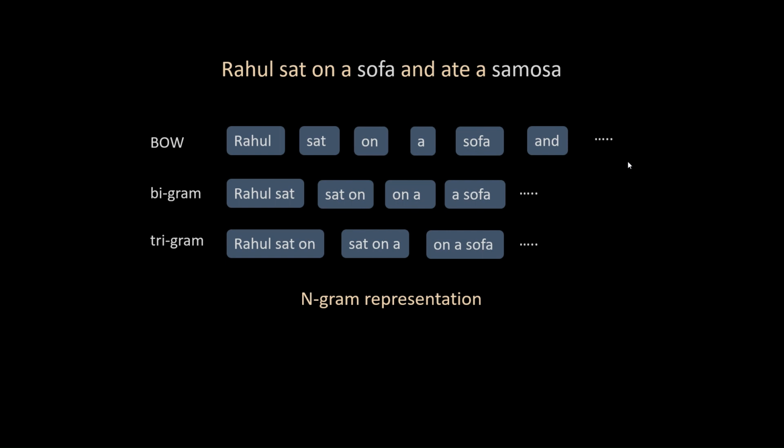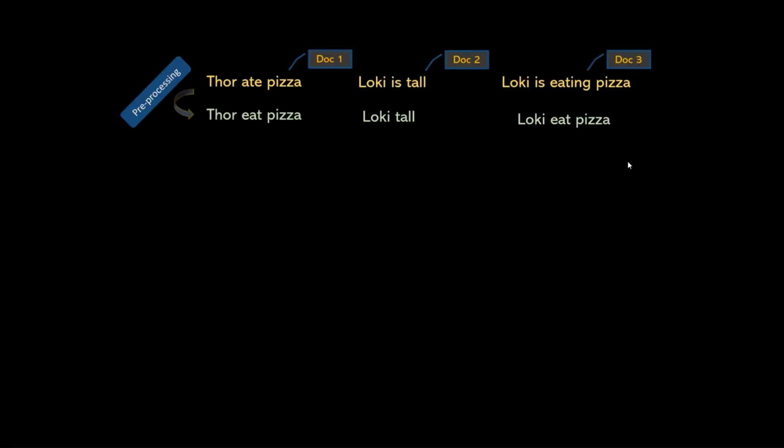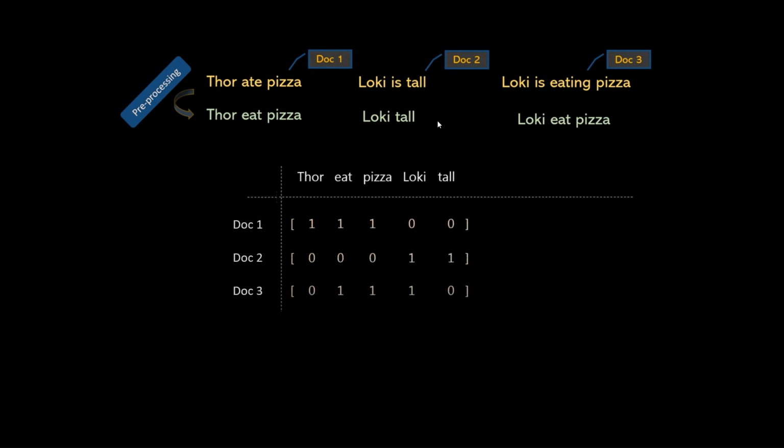Okay. So to do n-gram representation of the model, here is an example of three documents which are pre-processed with lemmatization and stop word removal. Look at these examples, three documents we have taken. These are the pre-processed words, the tokens generated from this process. Then we will build the BOW model, I mean the bag of word representation model or count vectorizer model, where each unit is a word.